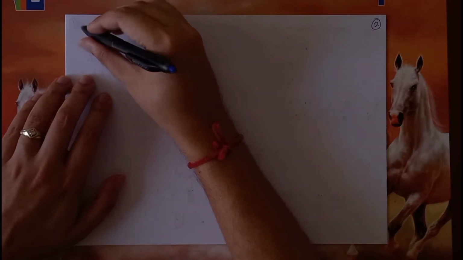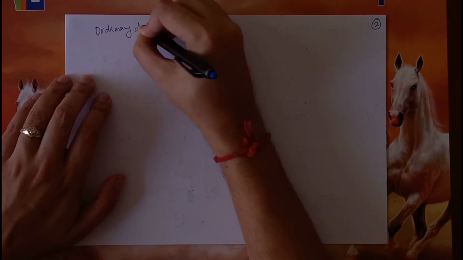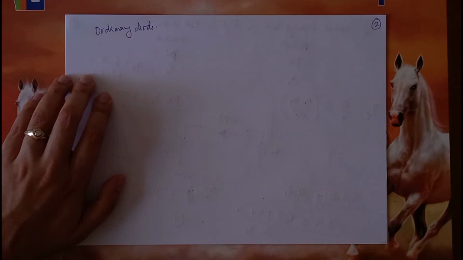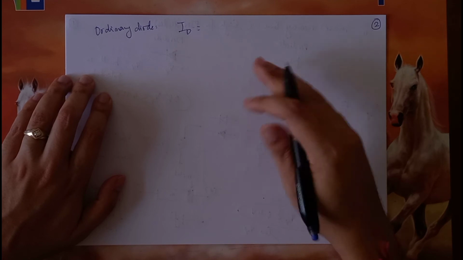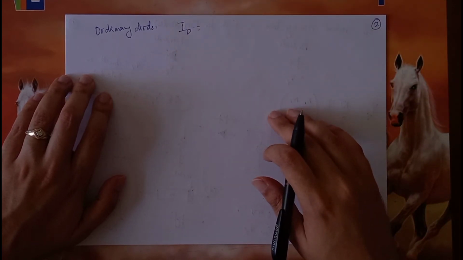Now, for the ordinary diode or a normal diode, the diode current is essentially governed by Shockley's equation.